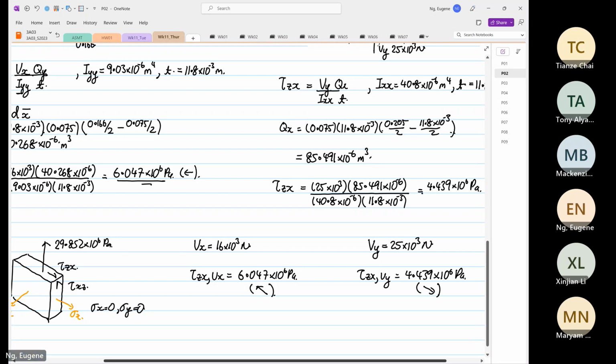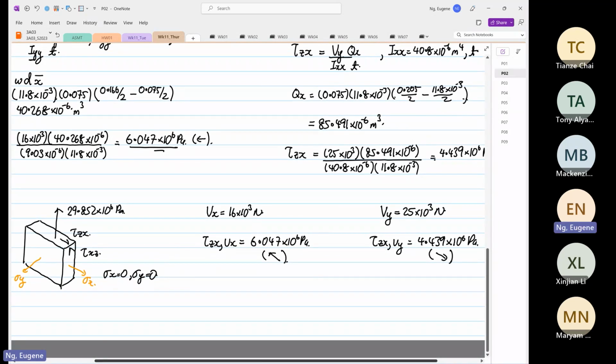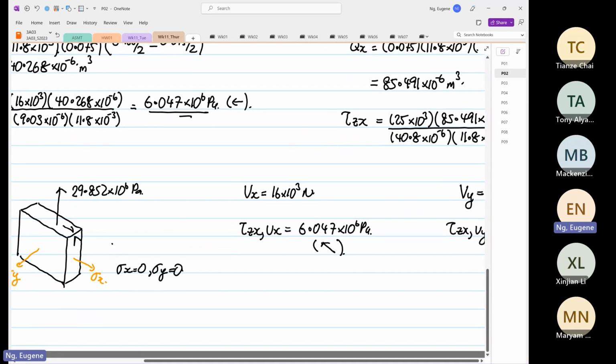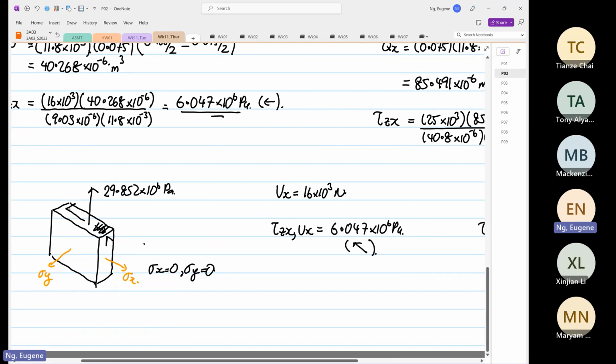So the true direction: because one is going up and the one is going down, the right value for shear xy, this is the wrong direction, the right direction is going up this way. And why is the right direction going up that way?